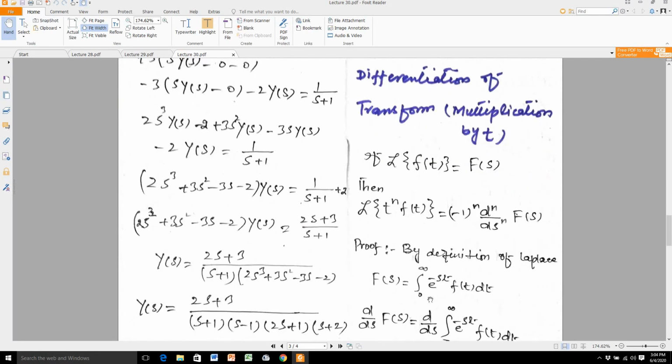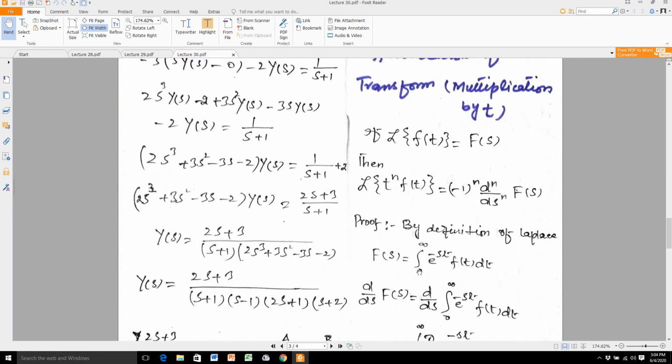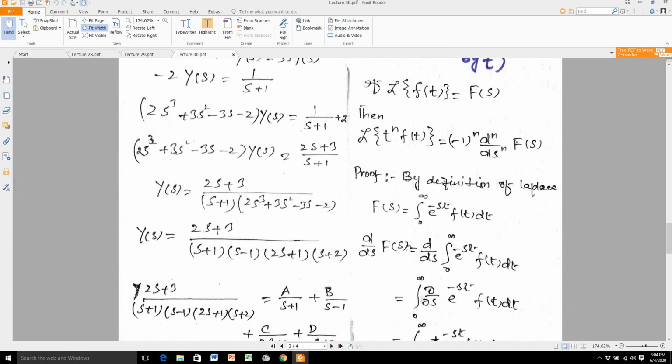By definition of Laplace, capital F of s is equal to the integral from 0 to infinity of e raised to the power minus st f of t dt. Applying the derivative with respect to s on both sides, d by ds of capital F of s is equal to d by ds of the integral from 0 to infinity of e raised to the power minus st f of t dt. Here you see that there are two variables, one is s and the other is t.